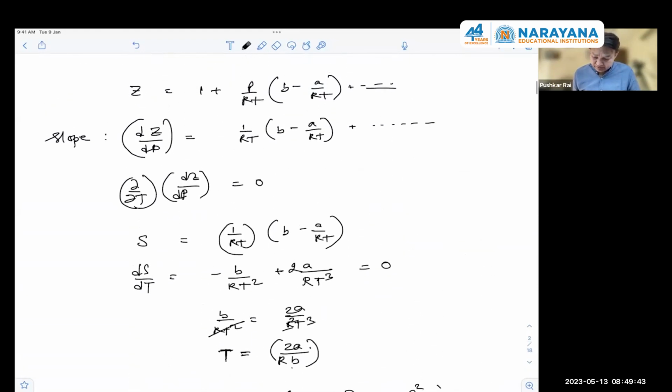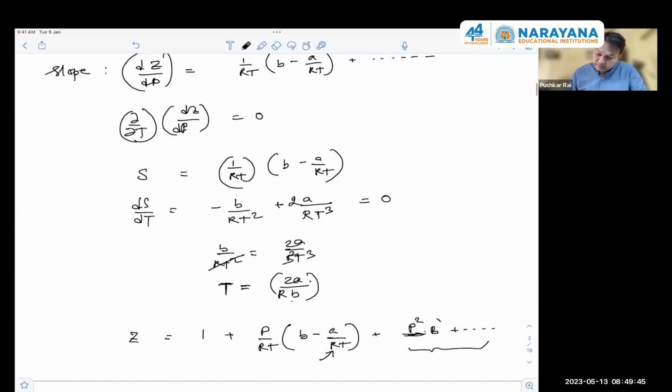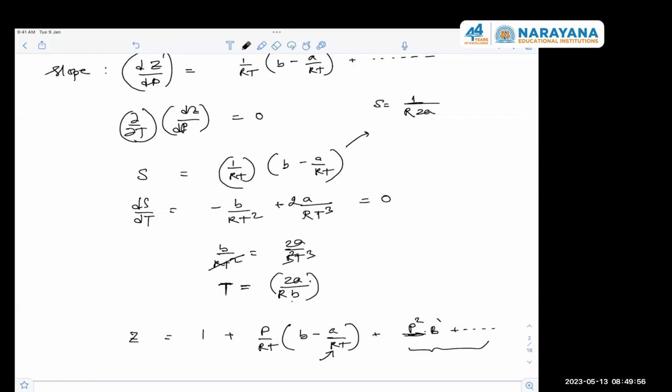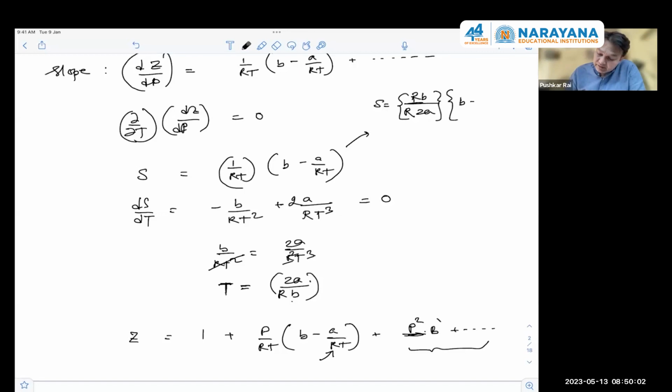That's also very interesting. The value of the slope will be, if you put this into this one, slope is equal to 1 upon R. Let's put T. T was equal to how much? 2A upon RB. And this is B minus A by R times 2A upon RB. This R cancels, A cancels, A cancels.